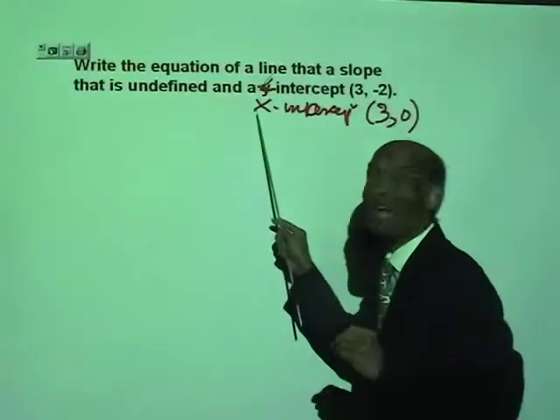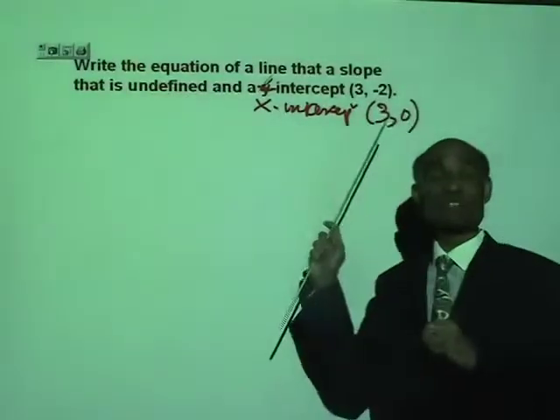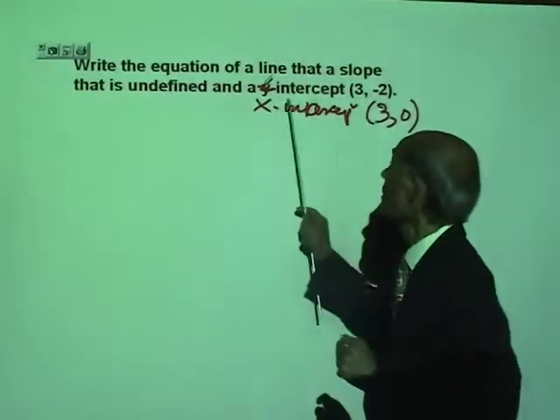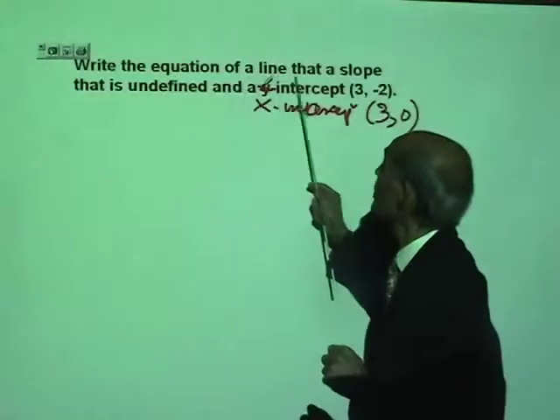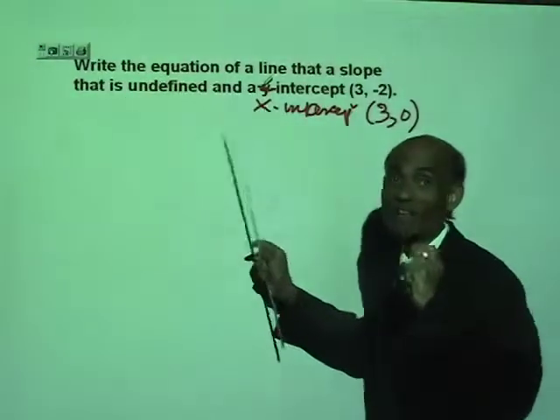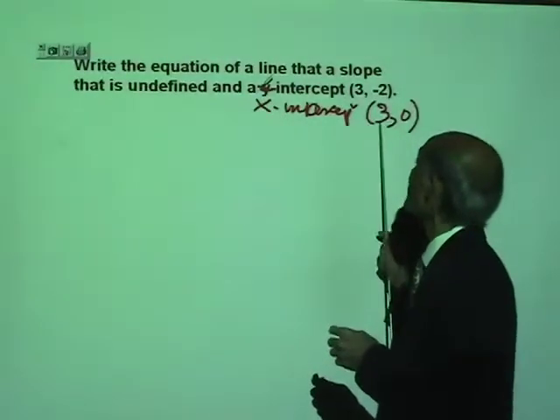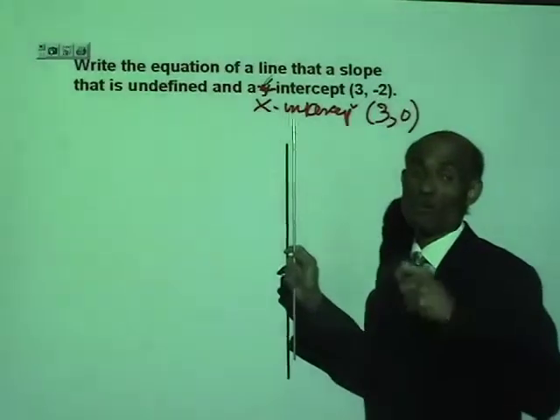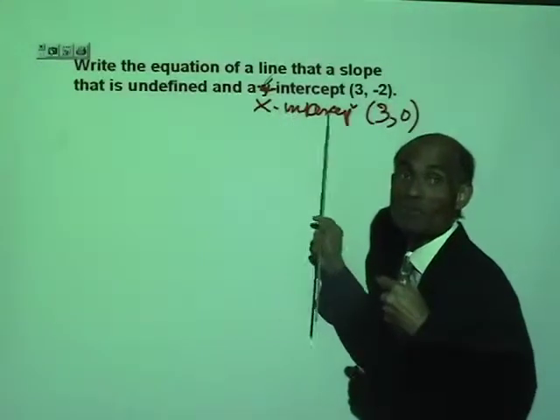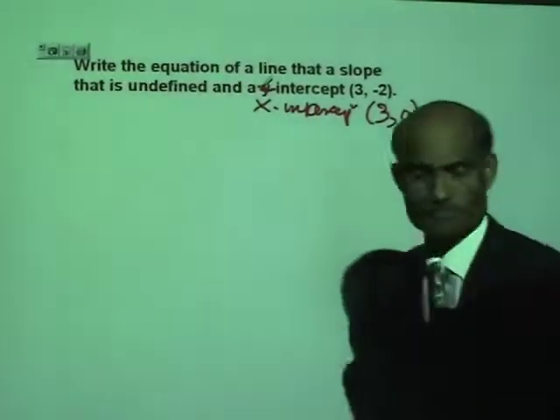And for an x-intercept, the value of y must be 0. Okay? So you make this correction. Write the equation of a line that has a slope that is undefined and it has an x-intercept 3, 0. Now, when I move on to my next line, this will disappear, but you must make that correction. Alright, let's go on now.